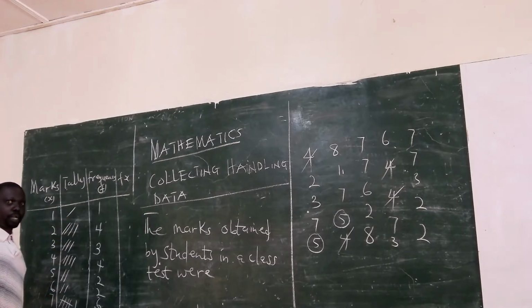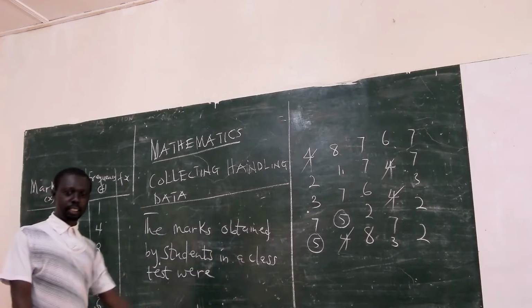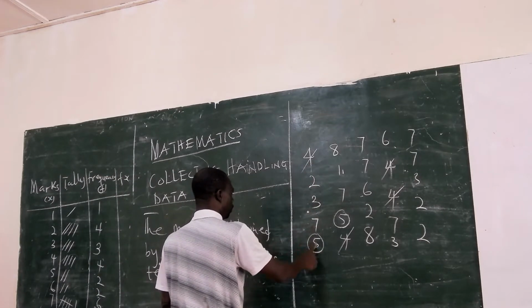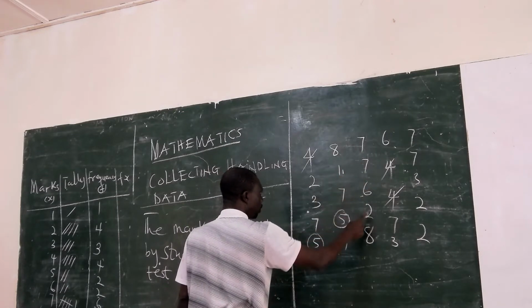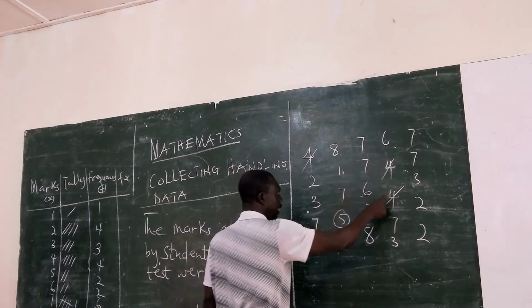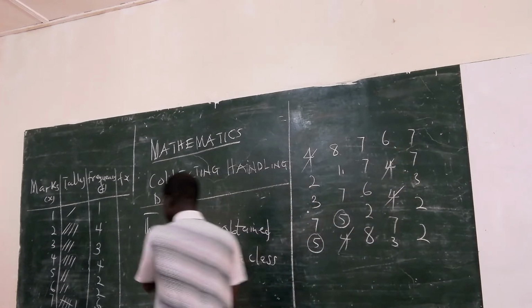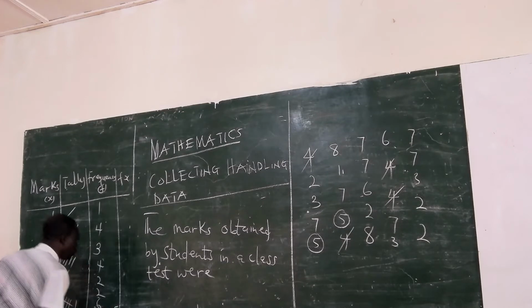The simpler way to get your total frequency, so you don't waste your time adding, is to just count the raw data. If you count it there, how many? 1, 2, 3, up to 25. So there are 25 in number. You put it there, the total frequency is 25.